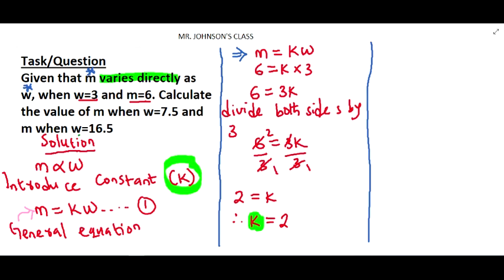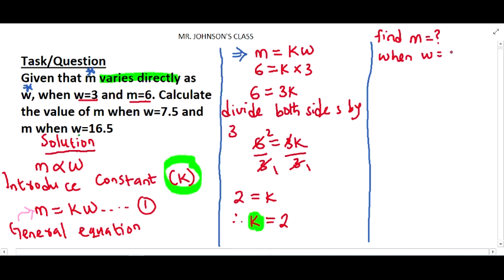Let's go to the next question stem. Calculate the value of M when W equal to 7.5. So find M, which means M is unknown, when W equal to 7.5.